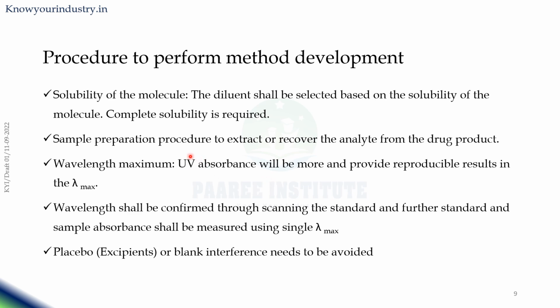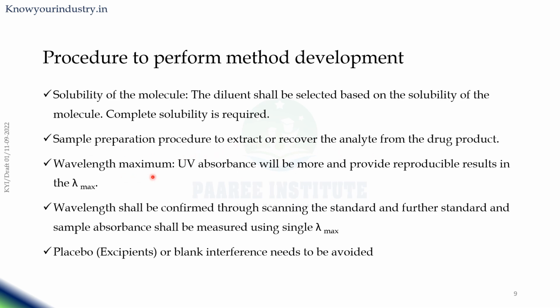You have to develop a method of extraction of the drug from the matrix, also called a sample preparation procedure, which has to give complete recovery of the drug from the matrix. For example, in a tablet, if 500 mg of paracetamol is added, then you have to recover all the 500 mg from that tablet matrix for the analysis. That entire drug, 100% of the drug, has to come out. So the development of the sample preparation procedure is very critical for the method.